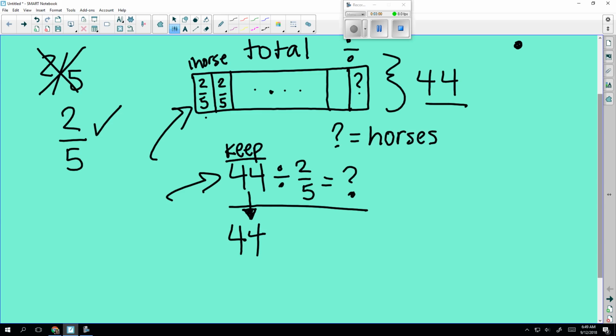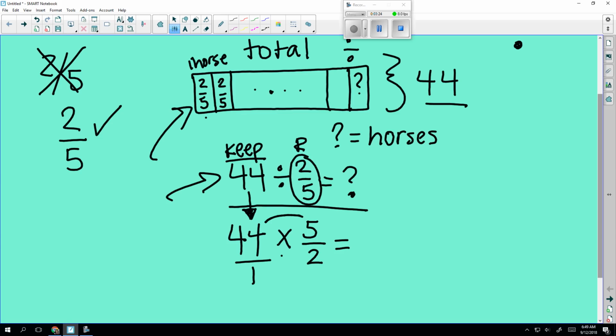We're going to change the sign to multiplication, and then we're going to use the reciprocal of this second number. Remember, the reciprocal is just flip, okay? And now I can solve. Remember, with a whole number, you add 1 on the bottom, okay?